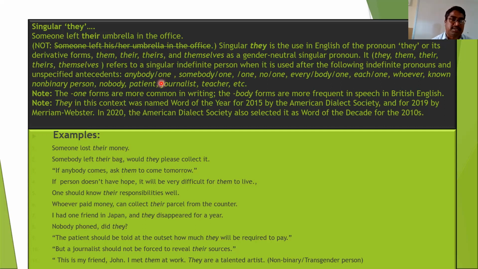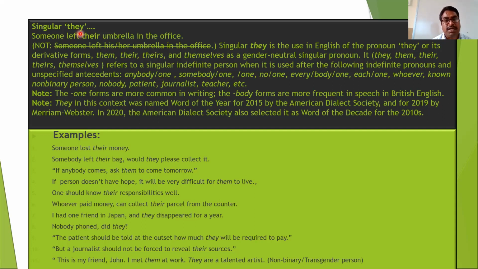This is what we learned in grammar so far, and this is what has been taught in all schools and colleges. But now this plural they has become outdated and a thing of the past. Now the pronoun they is both singular and plural.